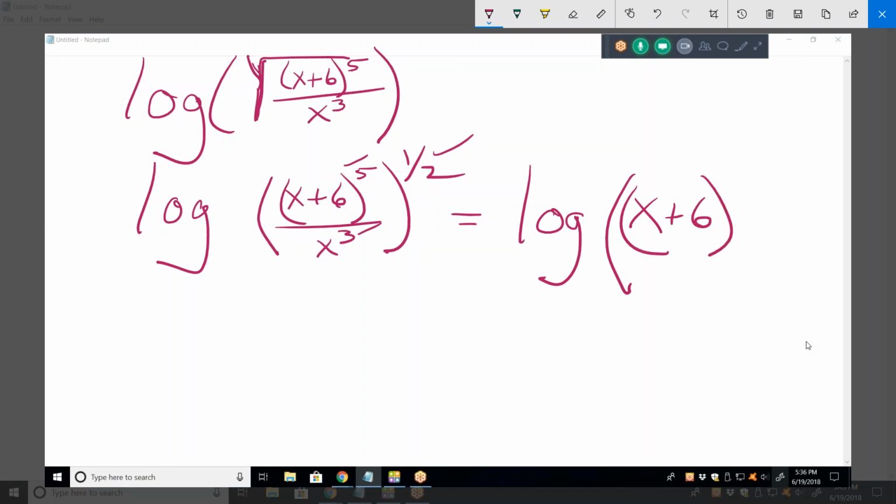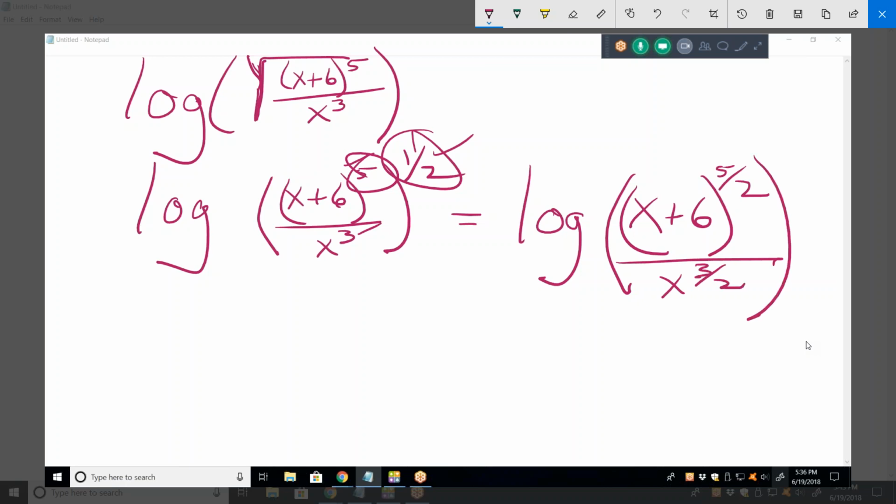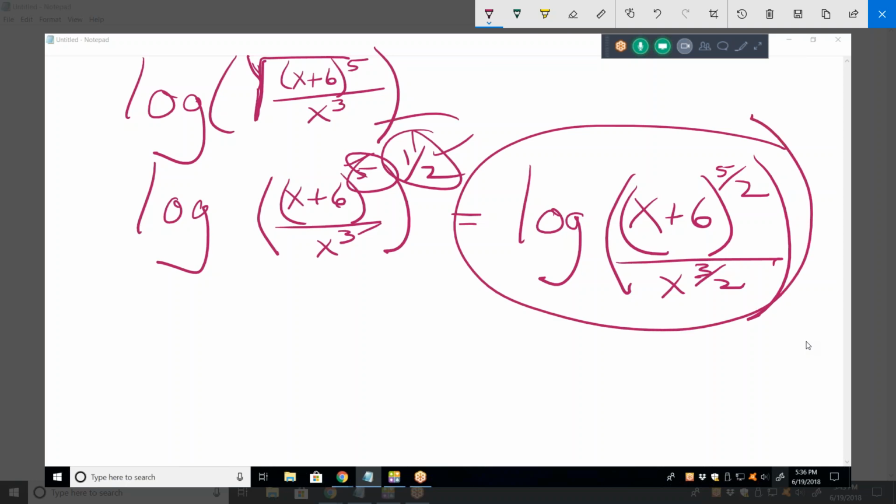Now, instead of to the 5th, that's going to be to the 5/2, because I'm going to multiply that by that. And instead of to the 3rd, it's going to be to the 3/2. Because only the numerator was being taken to the 5th, correct? Yes. And the denominator was being taken to the 3rd. So this is definitely simpler than what we had.